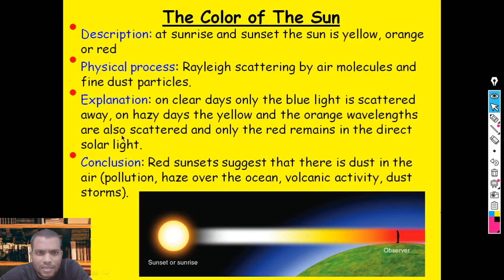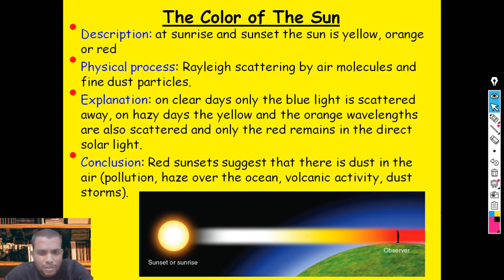The color of the sun at sunrise and sunset is yellow or orange or red. These colors change because of the air molecules along with very fine, very smooth dust particles.